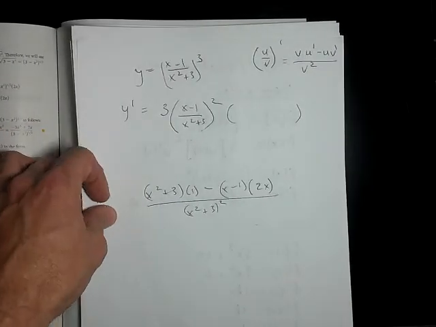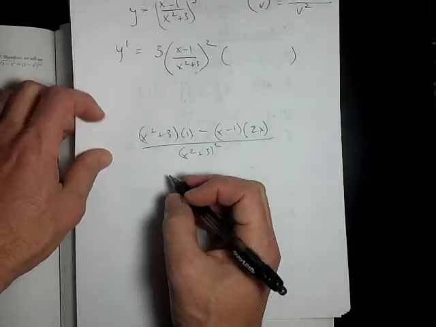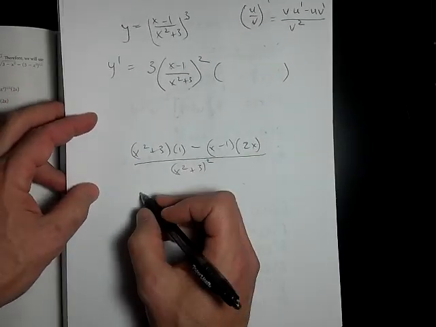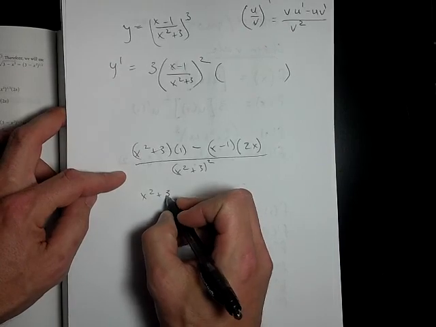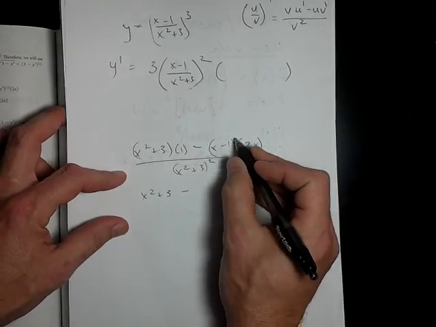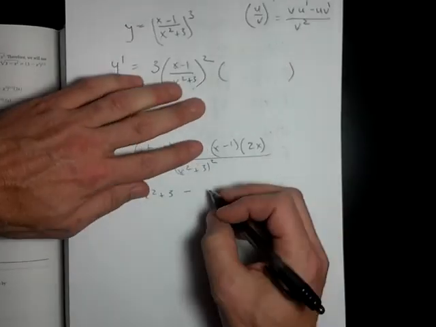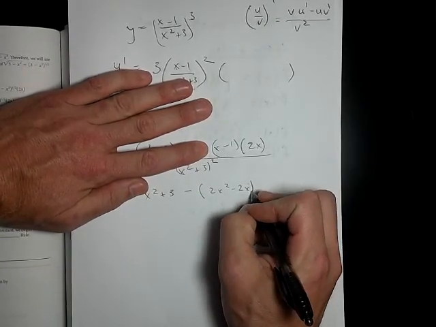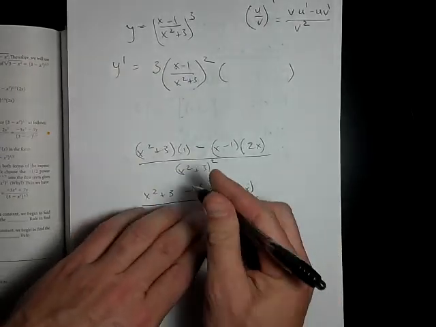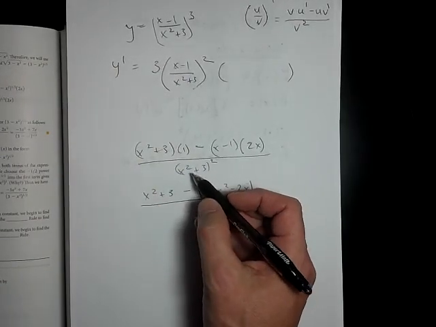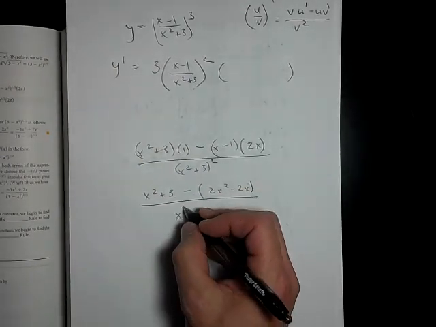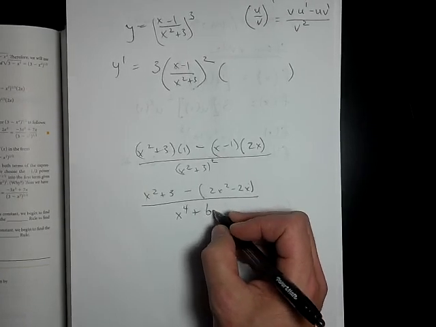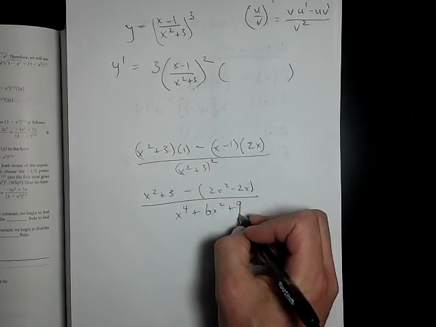Now let's simplify that. So this becomes x squared plus 3 minus, and then this factors into here, we get 2x squared minus 2x, over, and then when you FOIL this, you're going to get x to the 4th plus 6x squared plus 9.